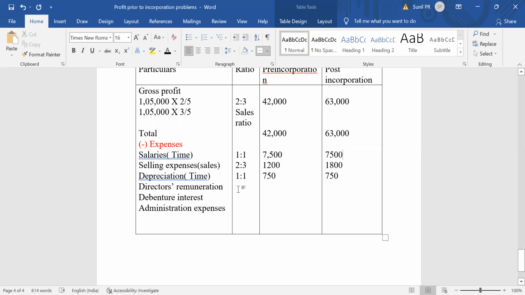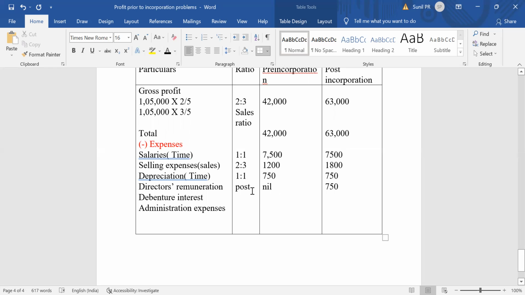Director's remuneration: you're just taking it at post-incorporation. So don't take any amount here; you can write it nil. What is the amount? 750, sir. The next one is debenture interest.